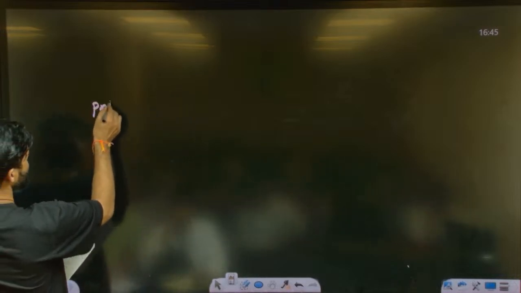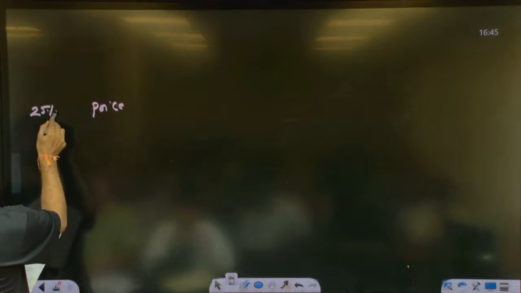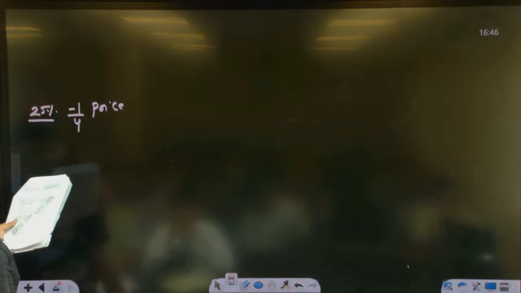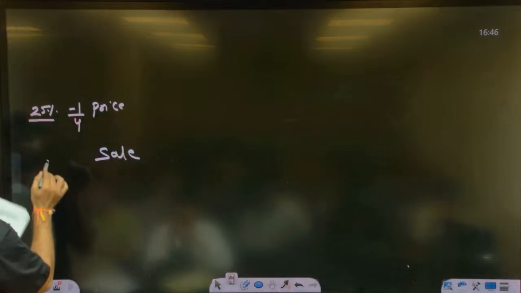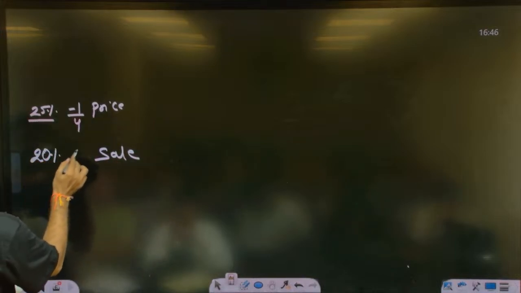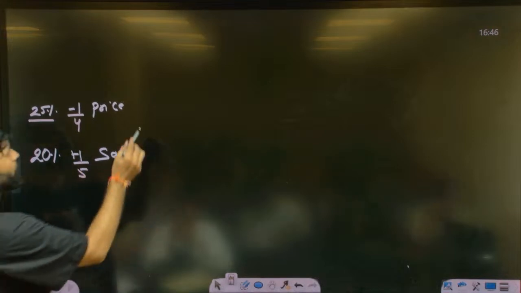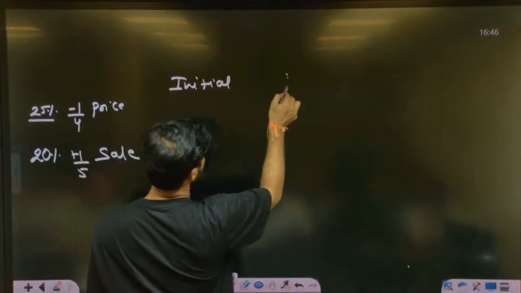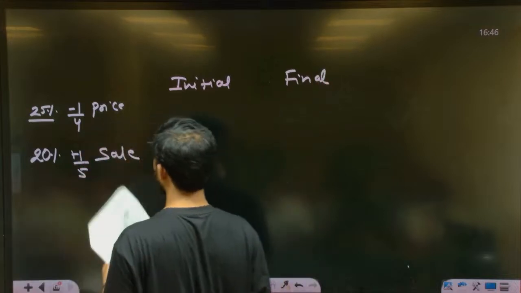The price of the article was reduced by 25 percentage. So the fraction is 1 by 4 and it is reduced, and sale was increased by 20 percentage, so the fraction is 1 by 5 and sale is increased. So we have initial price and final price.